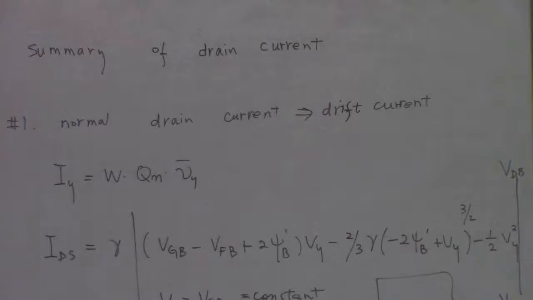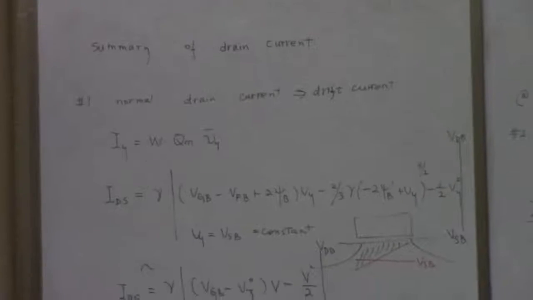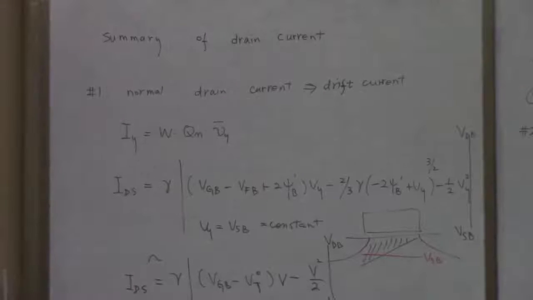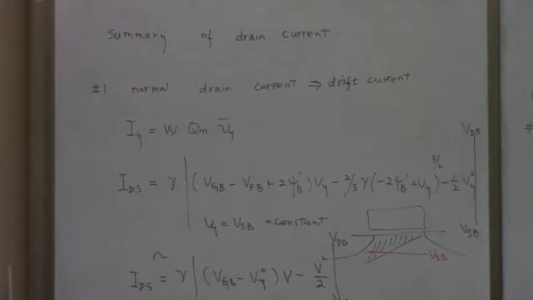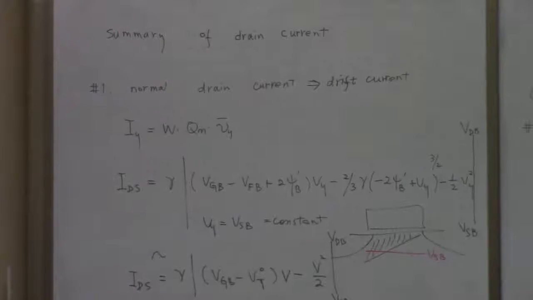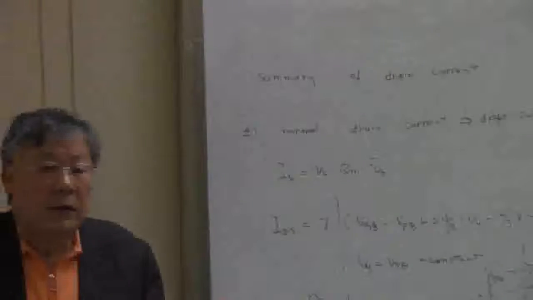Of course, we can talk about the transconductance before and after saturation, and other factors like velocity saturation, short channel effect, substrate resistivity, and things like that. And we're going to discuss that in the next class.